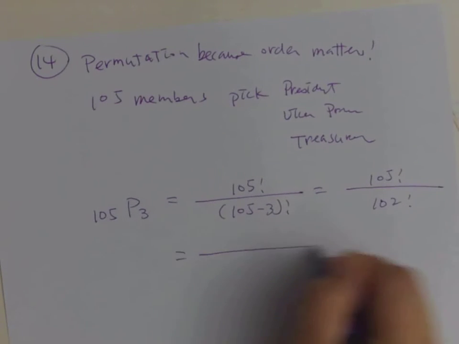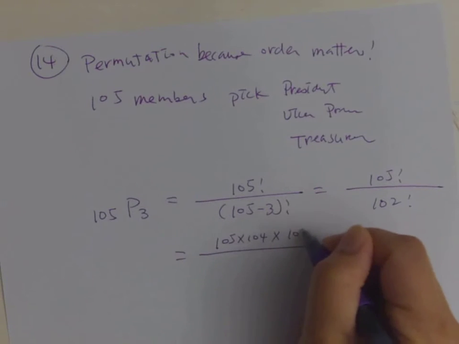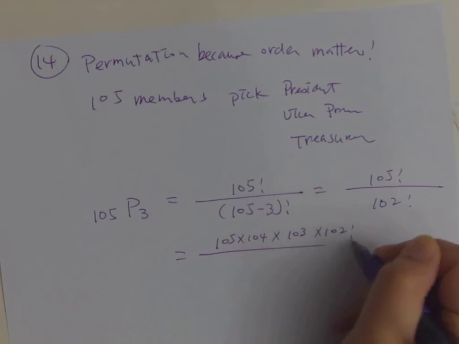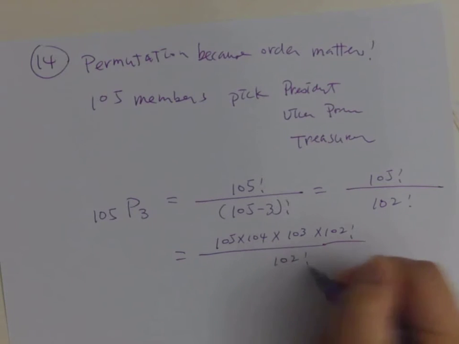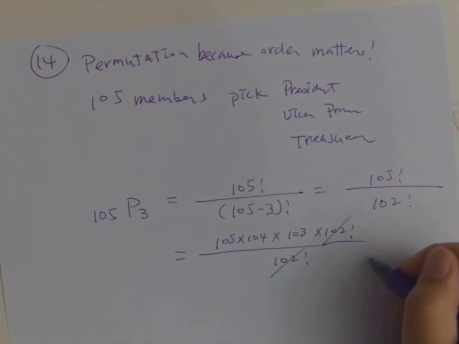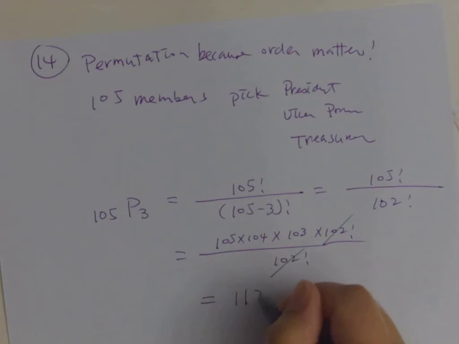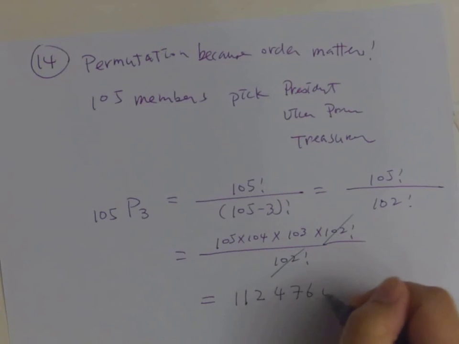So 105, 104, 103, 102 factorial divided by 102 factorial. If you get rid of that, just multiply those three, and then we will have 1,124,460 orders. So it's a really big number.